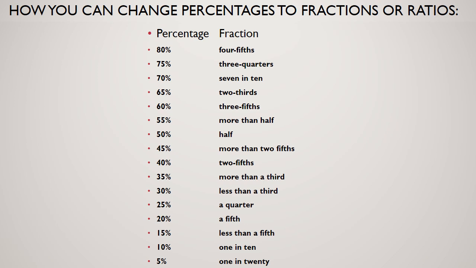If percentage given is 75%, then you can write 3/4. 70%, 7 in 10. 65%, 2/3. 60%, 3/5. 55%, more than half. 50%, then we can write half. 45%, more than 2/5 or less than half. 40%, 2/5.